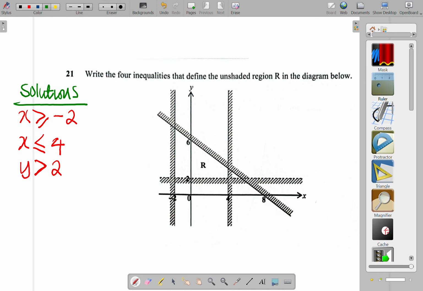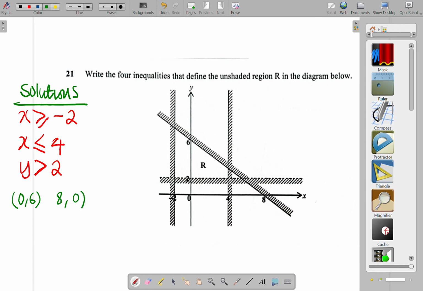I'll pick this point here, which is 0,6, and this other point here is 8,0.